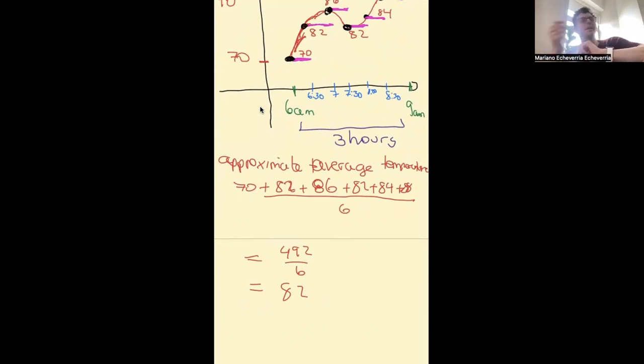But now comes the key point of view, which is what would come next? Like, what would be the next question? I don't know if anyone has an idea. What would be a better approximation for the average temperature? Maybe that's how I should ask the question.